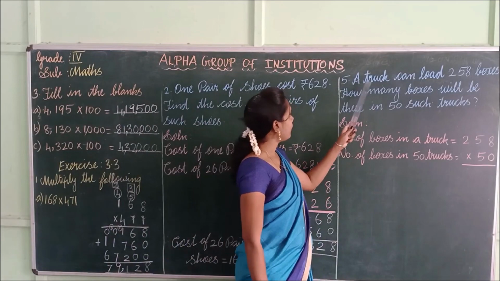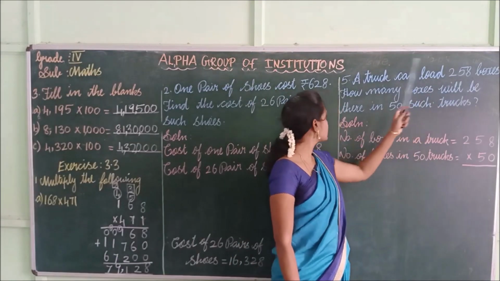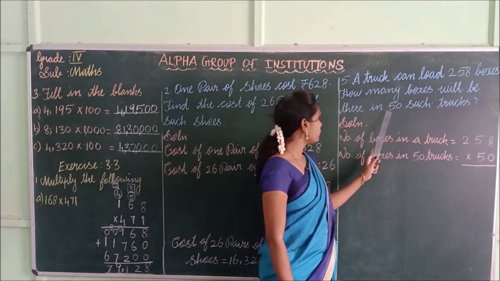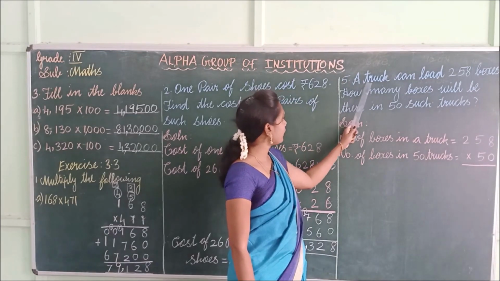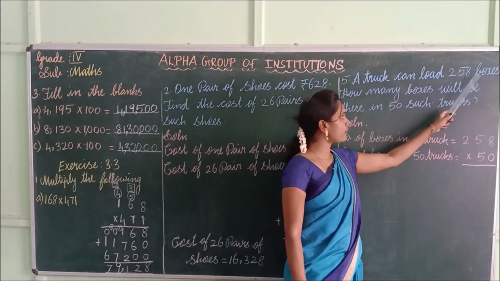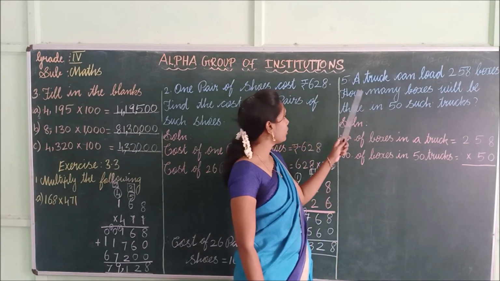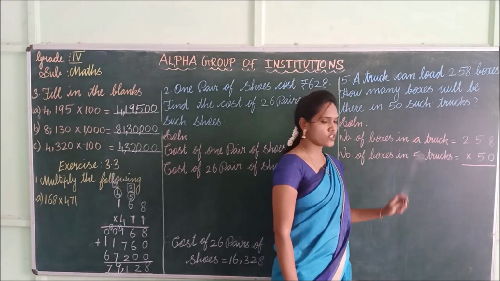See here. A truck can load 258 boxes. How many boxes will be there in 50 such trucks? I will repeat it again. A truck can load 258 boxes. A truck means one truck. How many boxes will be there in 50 such trucks?